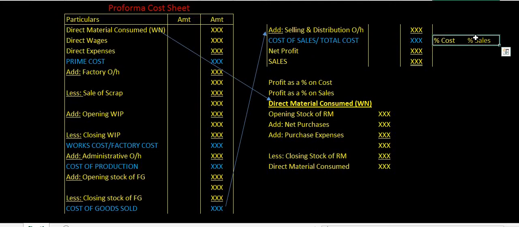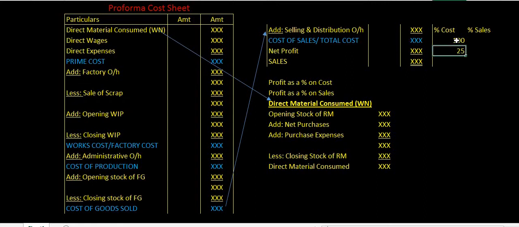If it is given to us as a percentage of cost, we will take our cost as 100. You have total cost or cost of sales, and let's say they have given us 25% as the profit. Remember what we did in our school days, cross multiplication.